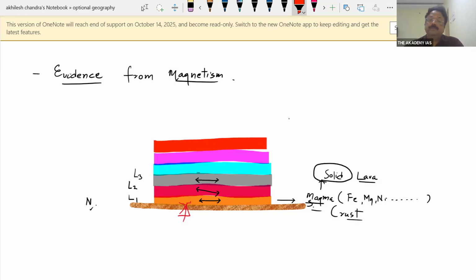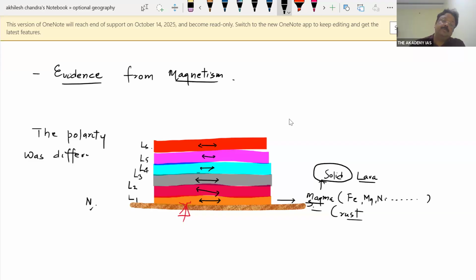Yes. Fine. So in this also there will be some kind of magnetization, and here also the ferromagnetic compounds get magnetized along with the pole. So all these 6 layers of lava must show the same polarity. But what was found was that in these lava flow layers, the polarity was different.